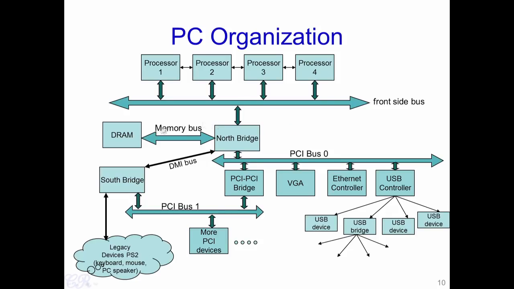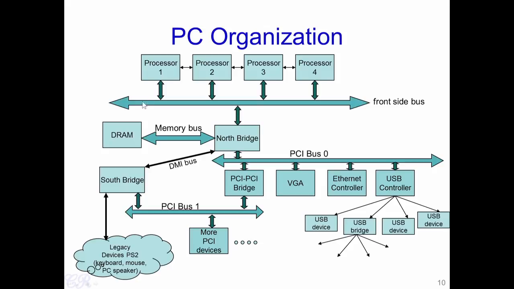So, this particular slide here shows how a typical PC is organized. We may have multiple processors present in the system. This could be either one processor, two processors, three or four and so on. It could also be possible that each of these processors has multiple cores inside them, and each core has 2 or 4 threads.